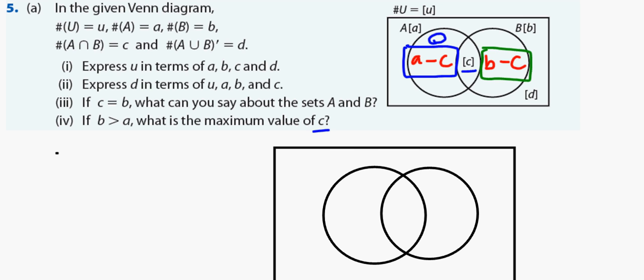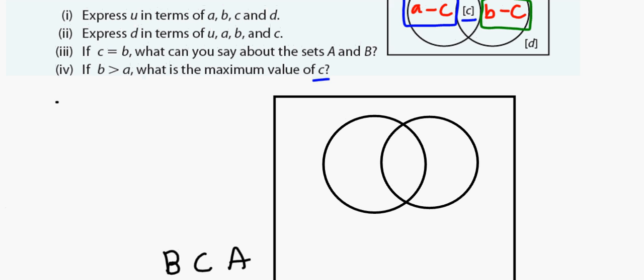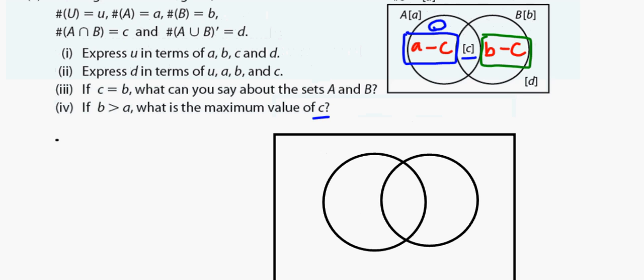Okay, so what could happen here is basically, imagine that B is bigger than A. So basically B, let's call B 20 people. Okay, so B is 20 people, A is 10 people. Okay, and C is in the middle.